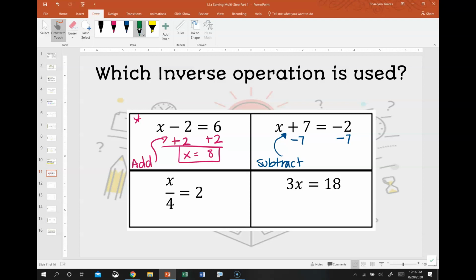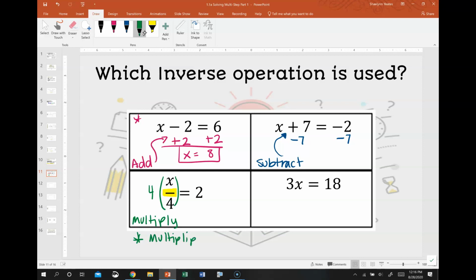Alright, on this next one, it's dividing by 4. This little line means divide. So if we want to undo division, we're going to multiply. And here's a big hint for all of you out there.